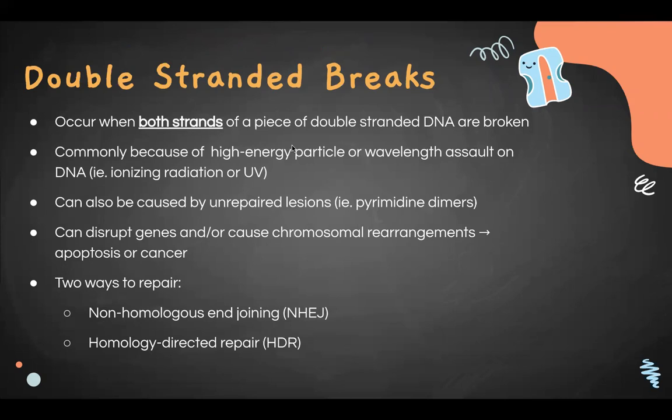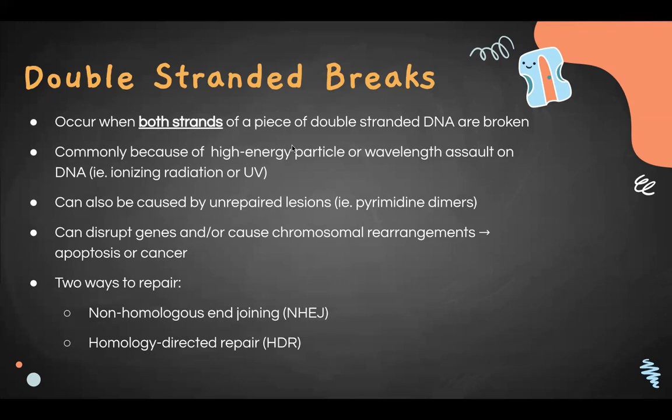It is commonly caused by high energy particles or wavelengths assaulting the DNA, and this can also be caused by unrepaired lesions or pyrimidine dimers. It can disrupt genes and cause different chromosomal rearrangements, which can end up leading to either cancer or apoptosis.